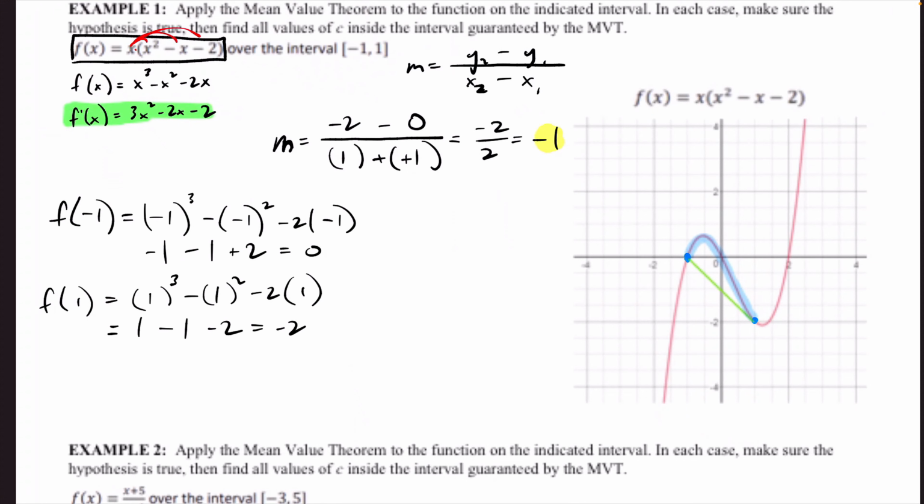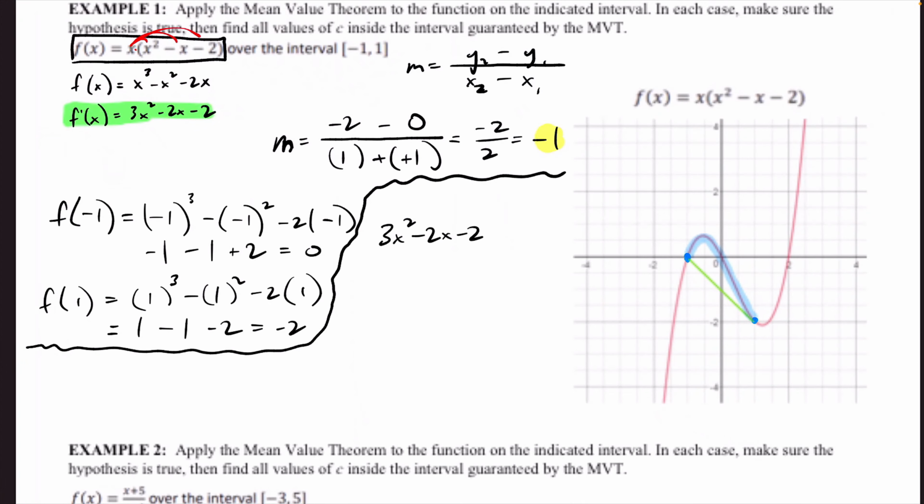So now you're going to set the green equal to the yellow and solve. Okay. So the green was 3x squared minus 2x minus 2, and the yellow was negative 1. Solve for x. It's a trinomial. So I'm going to add 1 to both sides. So I get 3x squared minus 2x minus 1 equals 0.